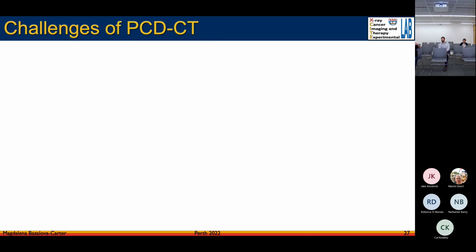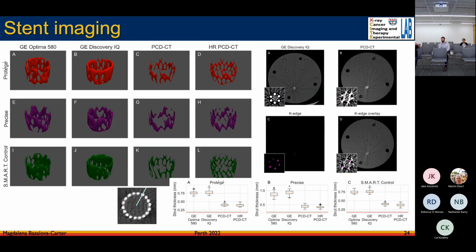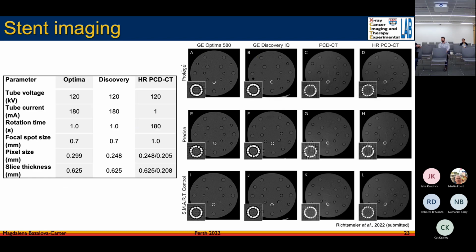I don't know what the reviewer said, but what I was thinking is that you're basically comparing apples and pears, because the two GE scanners that you use, the Optima and the Discovery, are, as far as I know, relatively wide bore scanners with an 80 centimeter gantry opening. Those are scanners that are mainly designed to do interventional work and simulation, so they're not really the high-end diagnostic scanners.